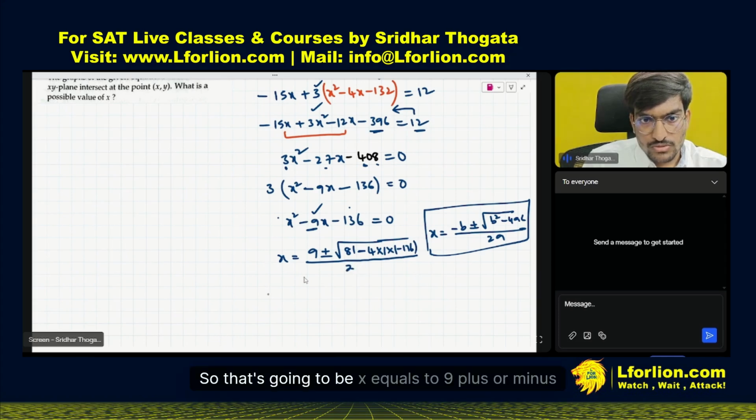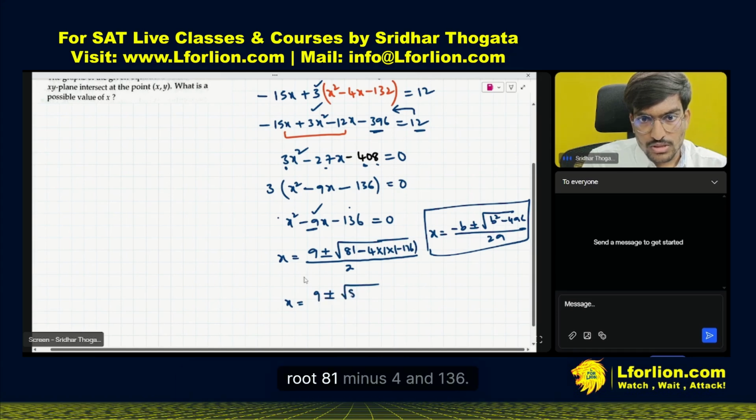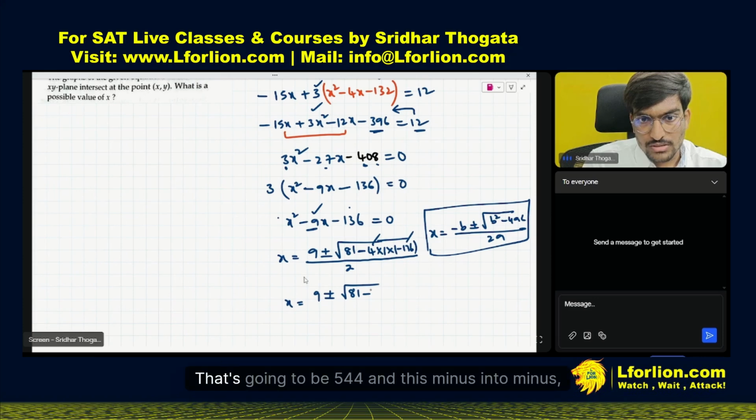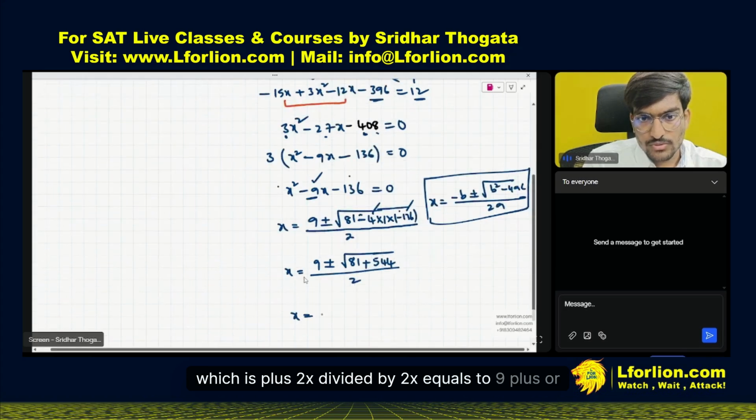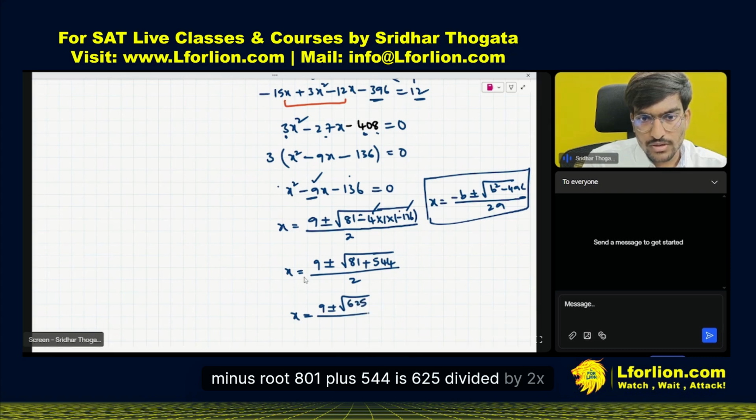So x equals 9 plus or minus root 81 minus 4 times 136, that's going to be 544, and this minus into minus is plus, divided by 2. x equals 9 plus or minus root 81 plus 544 is 625, divided by 2.